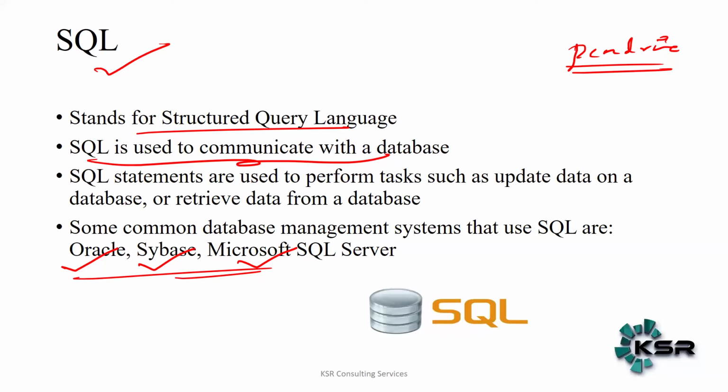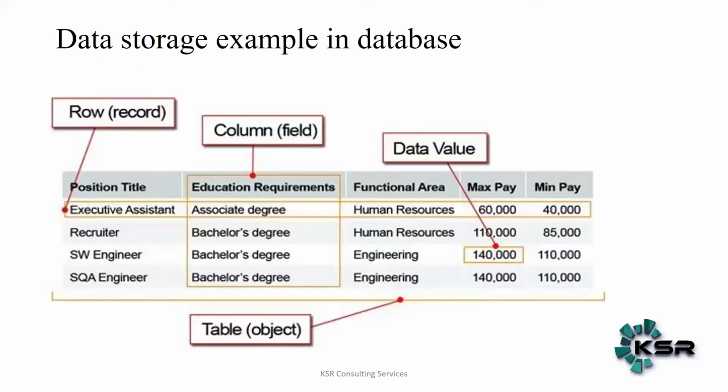Now, let's go one step forward. How will the data be stored in reality? The data will be stored in a table format, which you're seeing on the screen, correct? If I say name, everyone in this batch has a name. If I say age, everyone has an age. If I say qualification, everyone has a qualification.